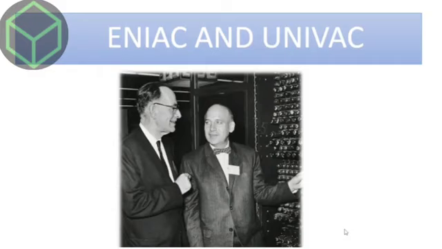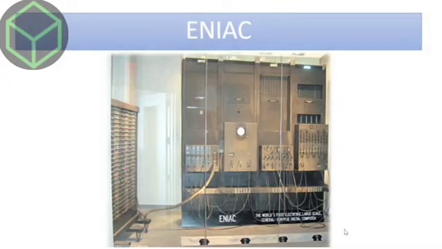Next are ENIAC and UNIVAC. John Mauchly and Presper Eckert together built the first successful electronic digital computer, known as ENIAC, Electronic Numerical Integrator and Computer. It was operational in 1946.